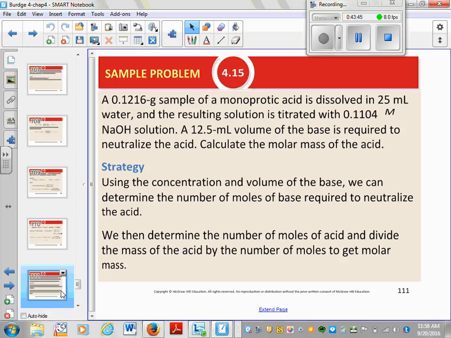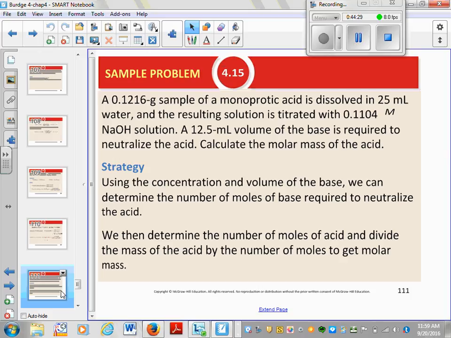Remember the molarity of the H plus times the volume of the H plus is equal to the molarity of the OH minus times the volume of the OH minus. We don't know the molarity of the H plus. What's the molarity of the base? 0.1104 molar.